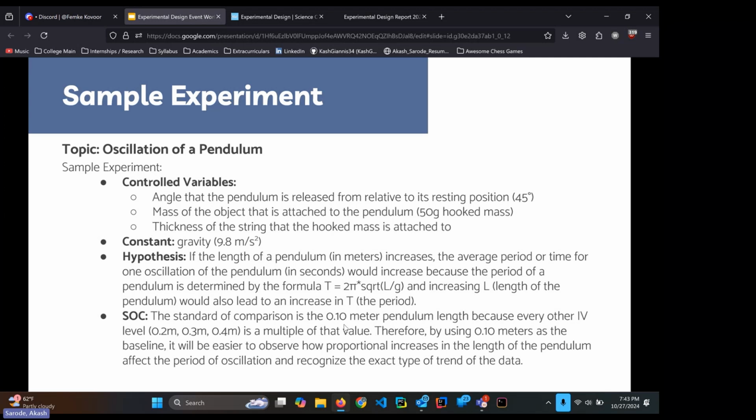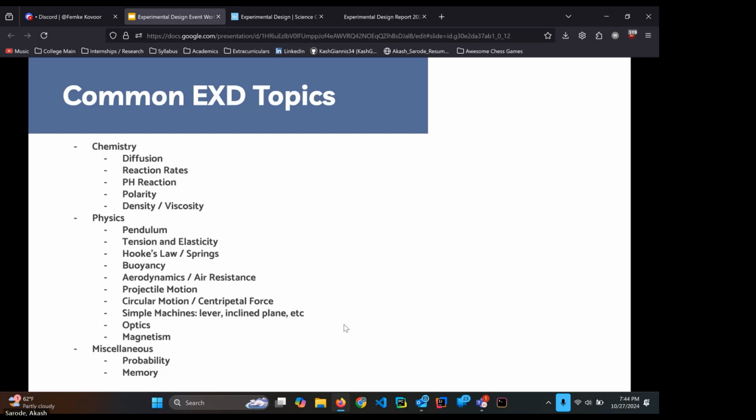So you don't add any salt to the solution, and that would be a good baseline because it tells you the baseline density of the water without adding any salt to it. So that's the type of stuff that you can think of when you're doing an experiment and coming up with the SOC, or standard of comparison.